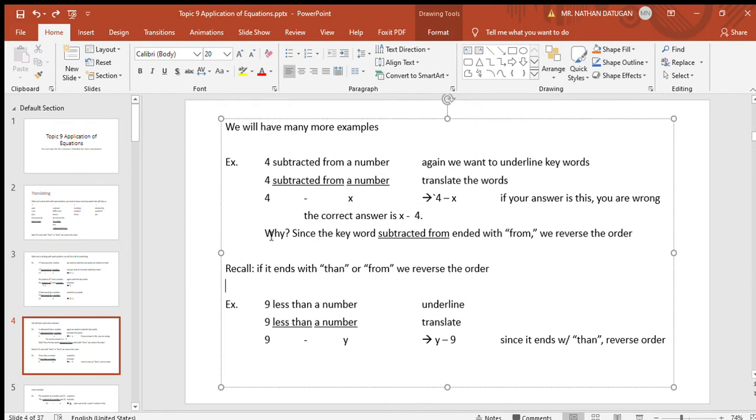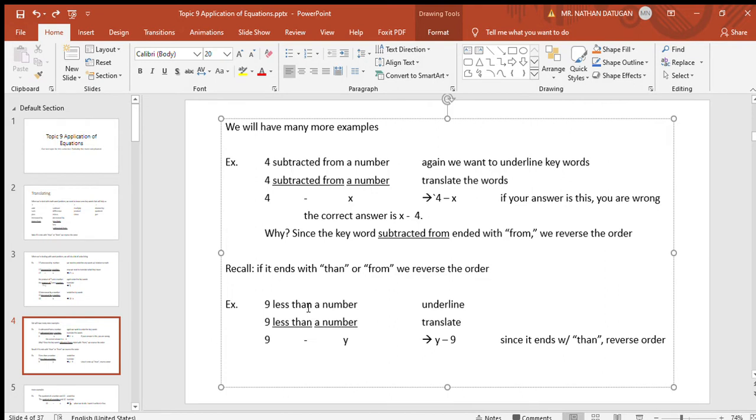So here's a quick reminder. Subtracted from ends with from, hence the order is reversed. Okay, so we have 9 less than a number. Again, underline the keywords less than, not just less, but less than, and a number. A number is a variable.